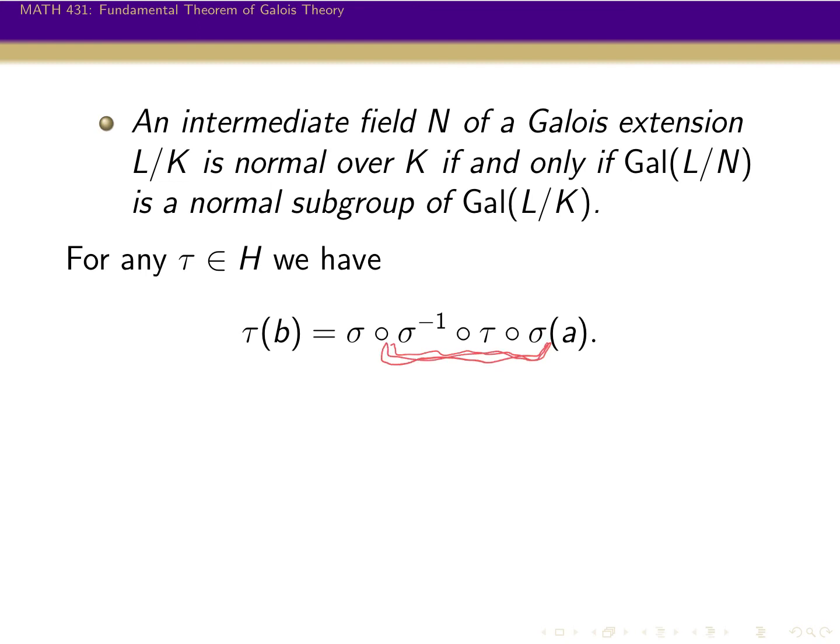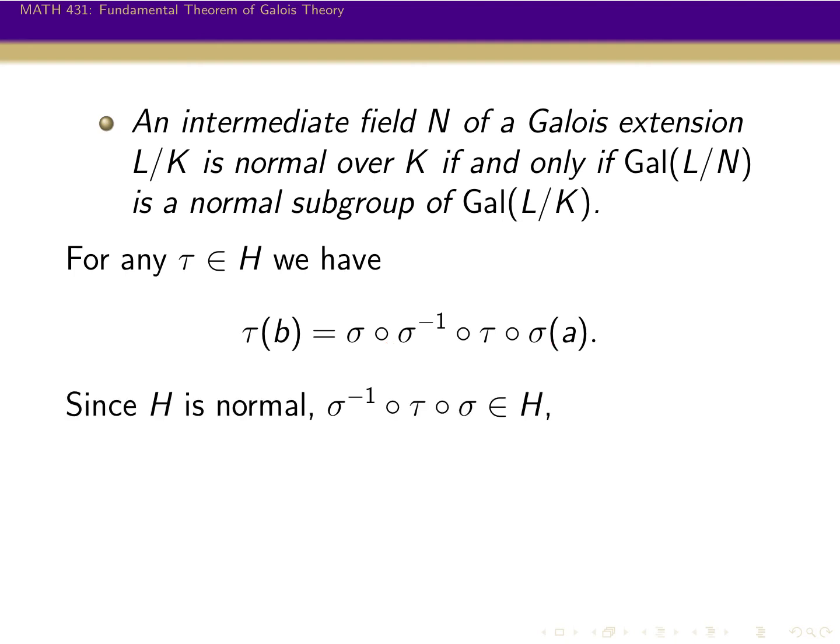Since H is normal, the definition of being a normal subgroup is that if you have any tau in this normal subgroup, and you have any sigma coming from the Galois group, then sigma inverse composed with tau composed with sigma is always going to land back in H. This is the definition of normal subgroup.